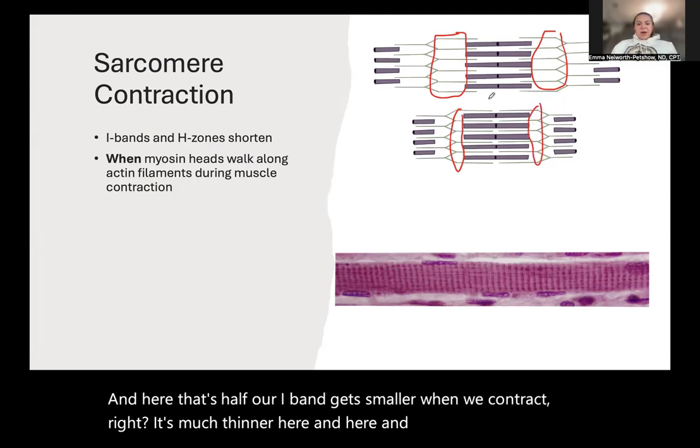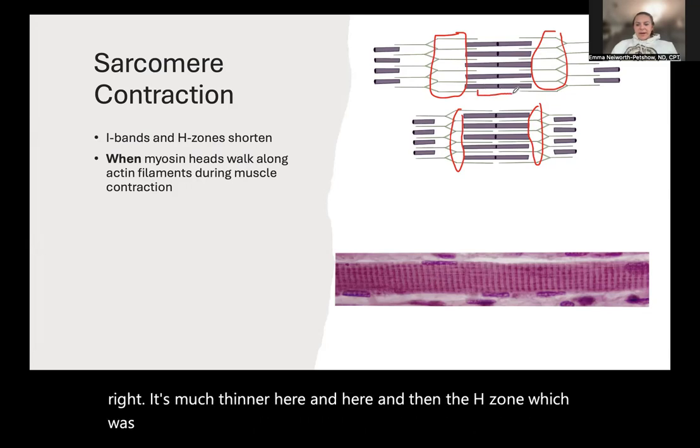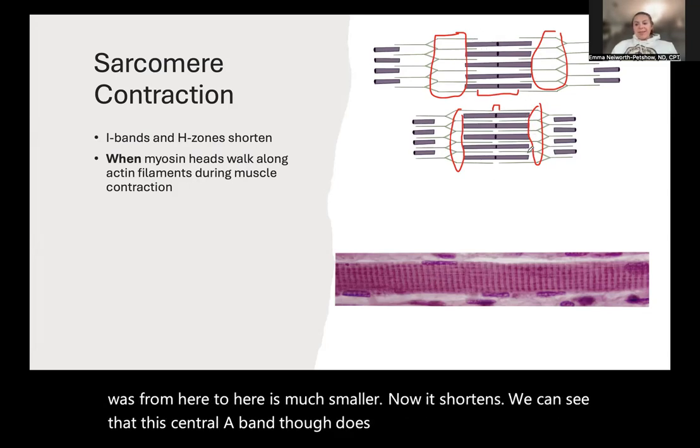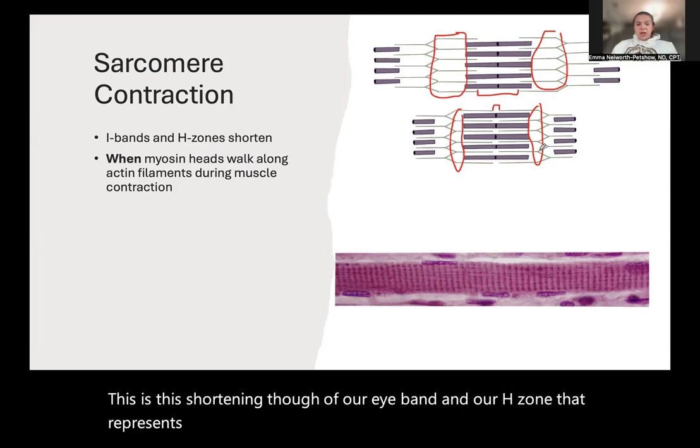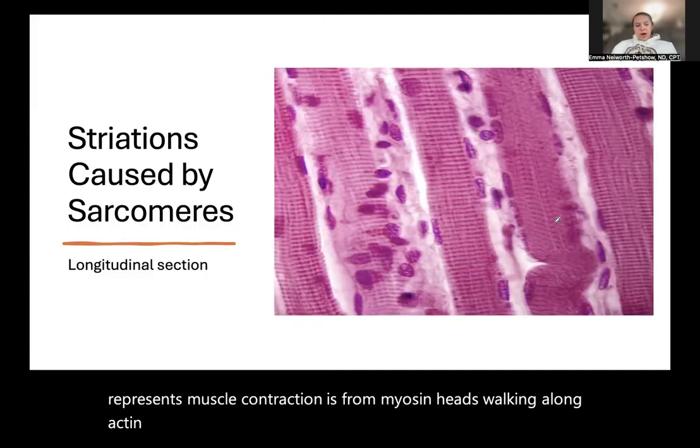And then the H zone, which was from here to here, is much smaller now. It shortens. We can see that this central A band, though, does not change shape. It stays the same. This shortening of our I band and our H zone that represents muscle contraction is from myosin heads walking along actin filaments when muscles do contract.